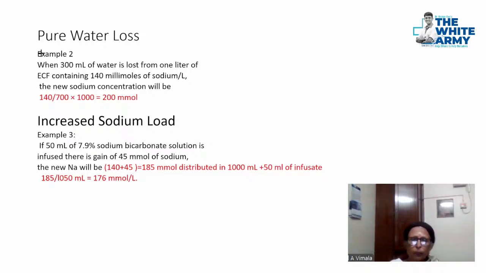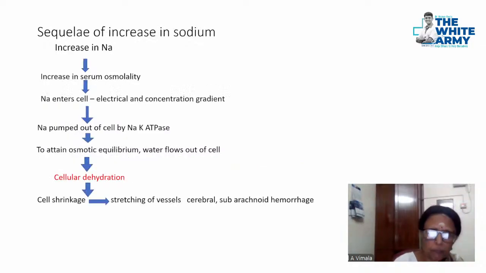So gain of sodium, the most common cause is infusion of sodium bicarbonate. Very, very rarely, excess of salt intake can also result in hypernatremia. That is not very usual, because once we consume excess of salt, it will stimulate immediately the thirst mechanism. We will drink more water and correct the hypernatremia.